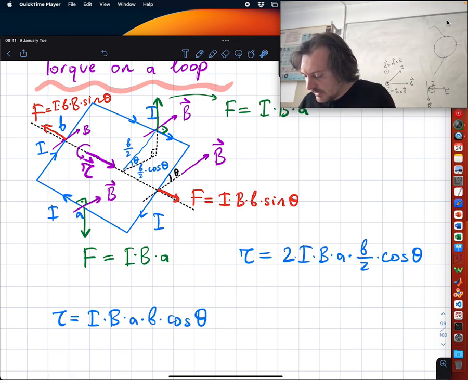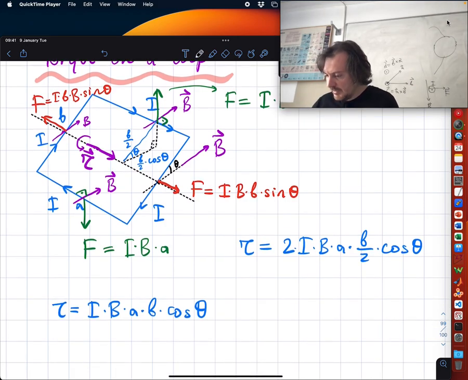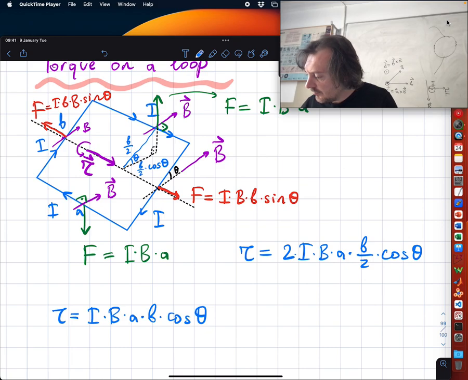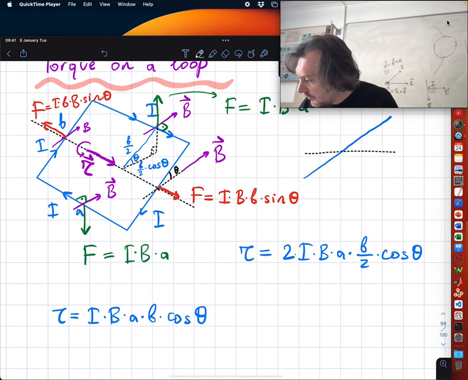So, it's very hard now to draw on top of this. If I draw an area vector pointing down, this was theta, right?